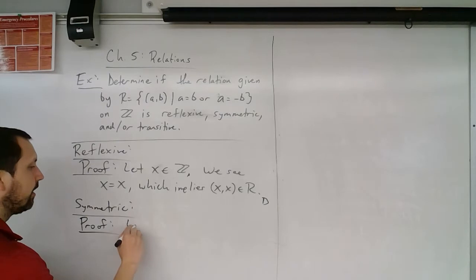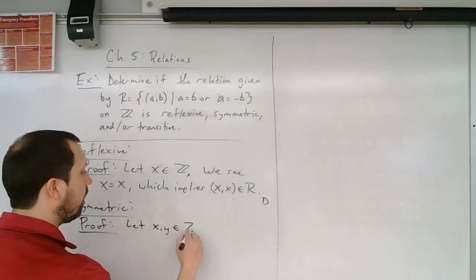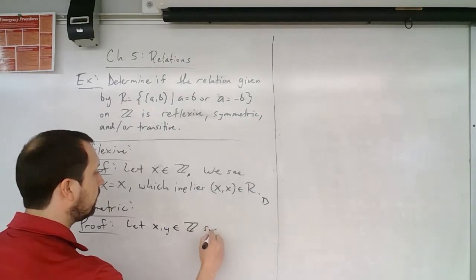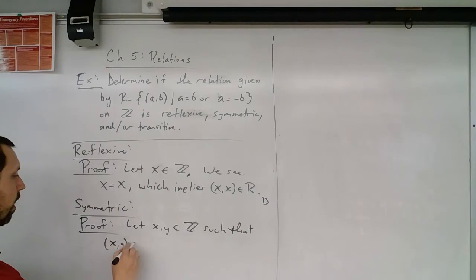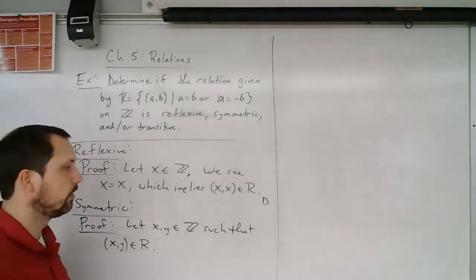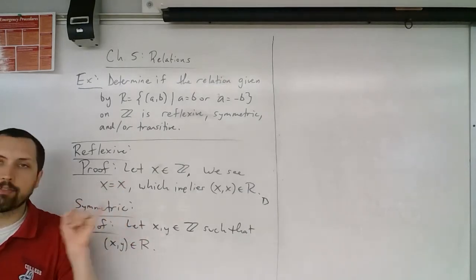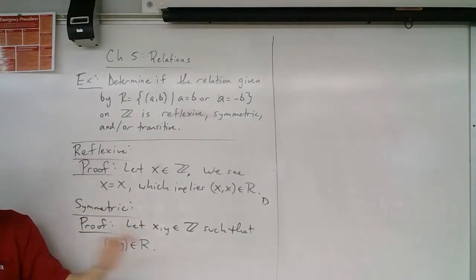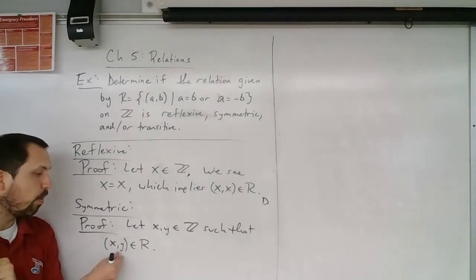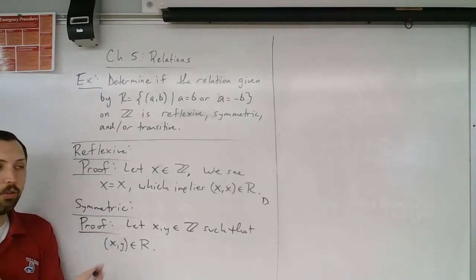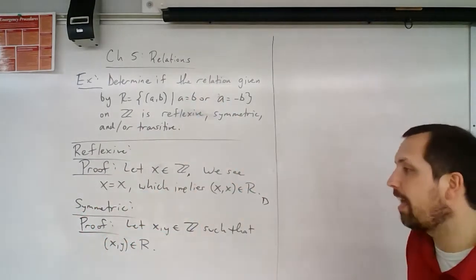So we could say, let x and y be elements of Z such that (x, y) is an element of R. So we're picking these integers that are defined in my relation. Okay, so now I'm trying to figure out why is it true that y is going to be related to x? Well, again, we can unpack this using what this set is defined as.